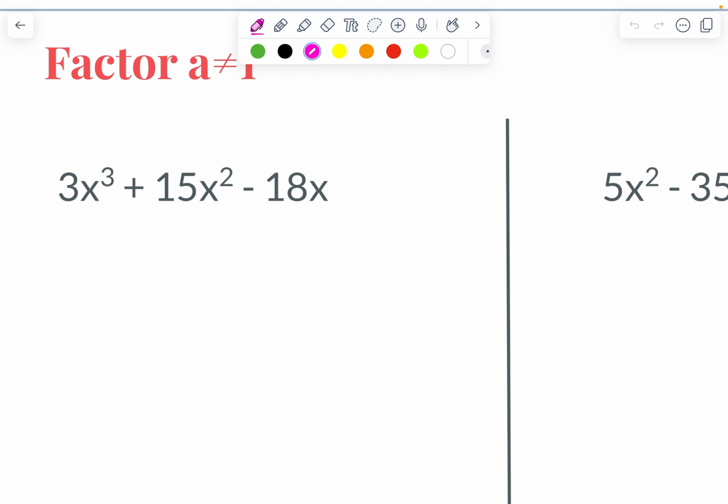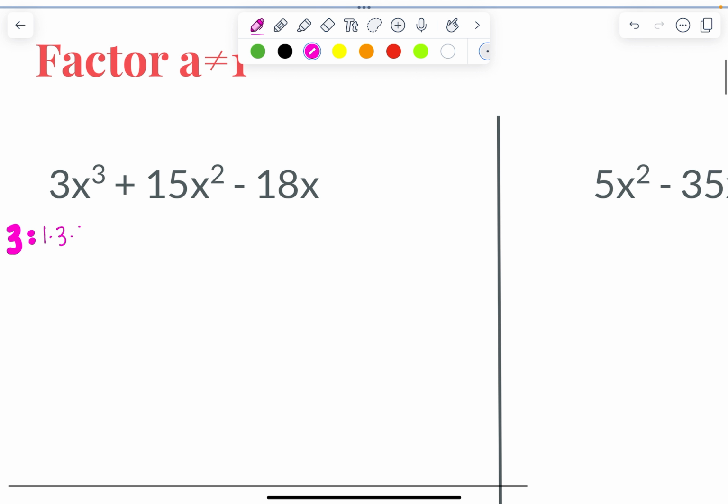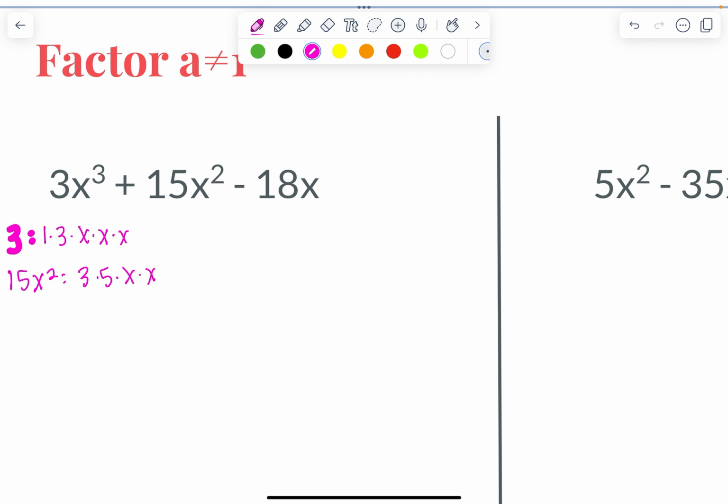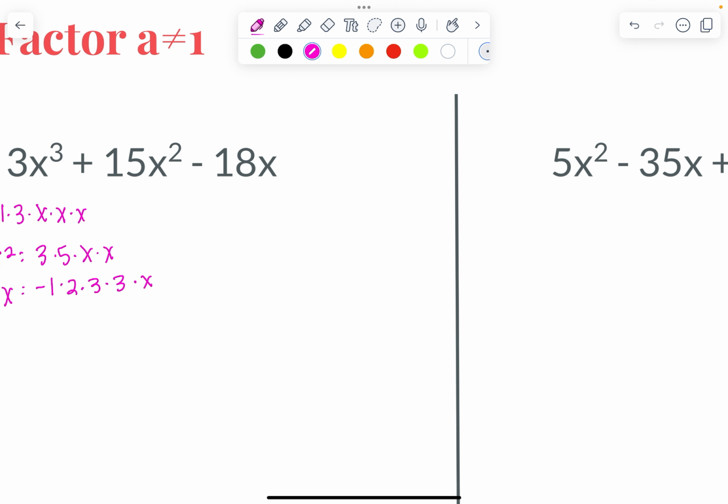If I broke these up, 3 would be the same as 1 times 3 and then x cubed. 15x squared would be the same as 3 times 5 times x, and then negative 18x would be the same as negative 1 times 2 times 3 times 3 times x.